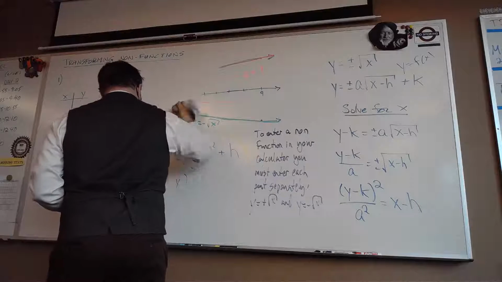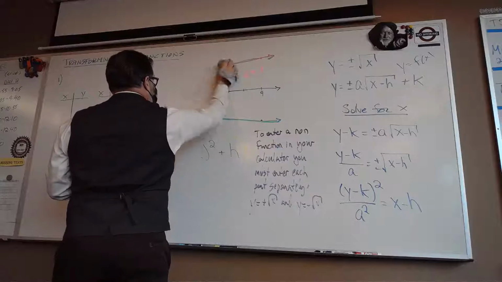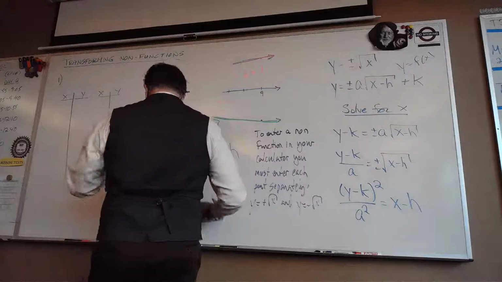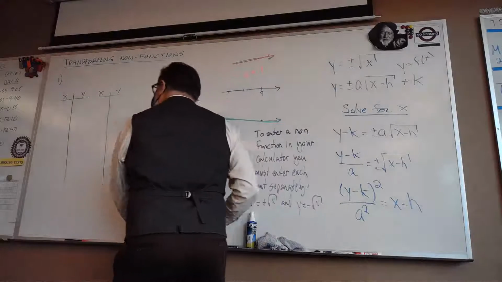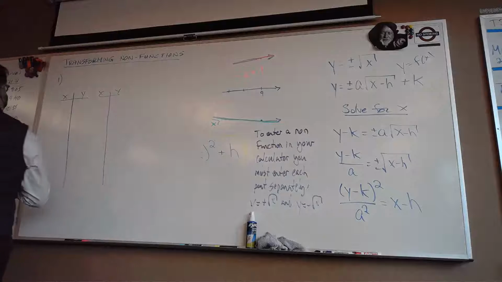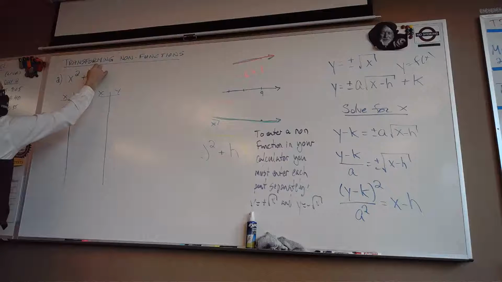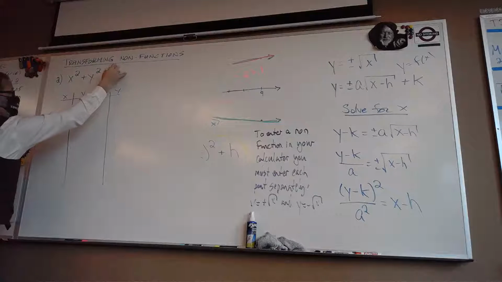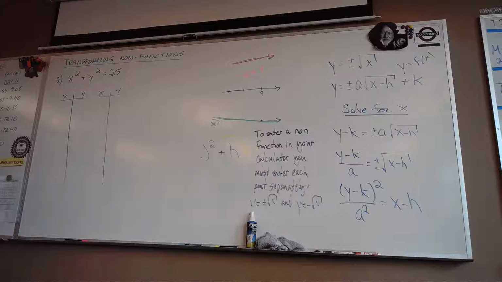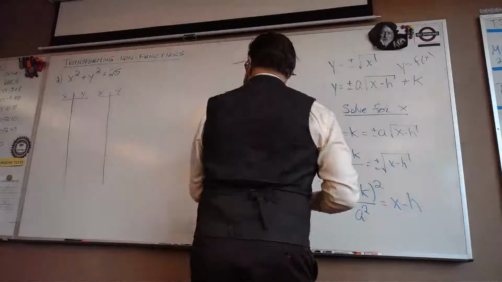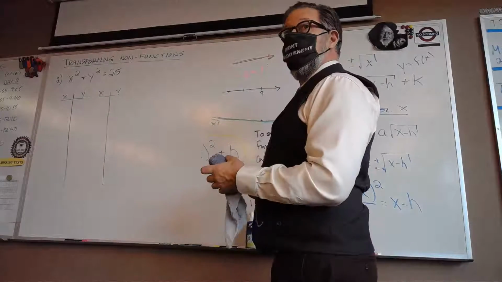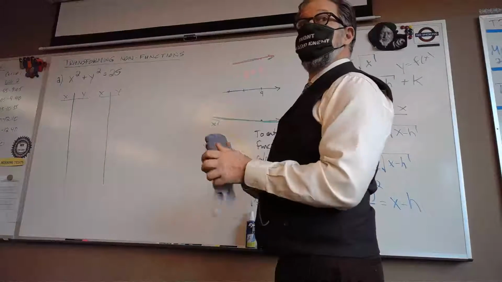I want you to figure out as many possible values of x and y that make the following equation true. This is non-function number 2. X squared plus y squared equals 25. As many possible combinations of x and y that make that equation true.